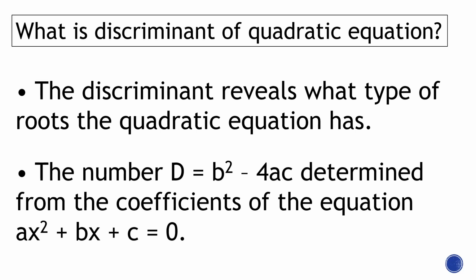Now when we talk about roots, these are the values of x that will make a quadratic equation correct. Now, the number D equals b squared minus 4ac.